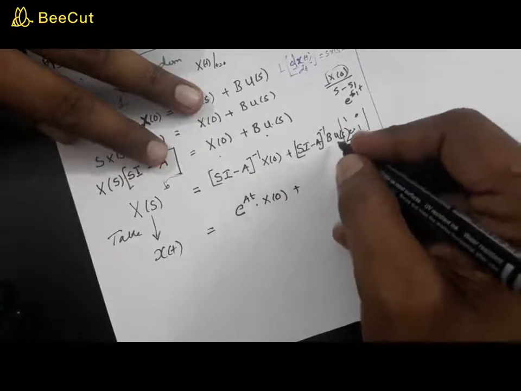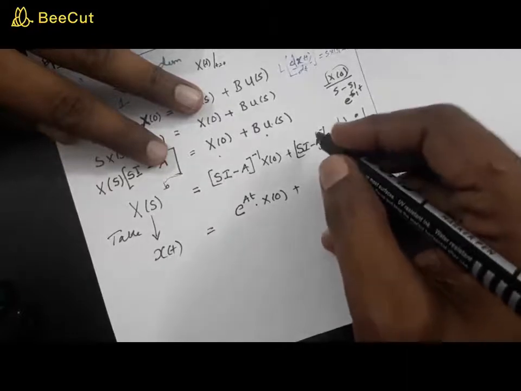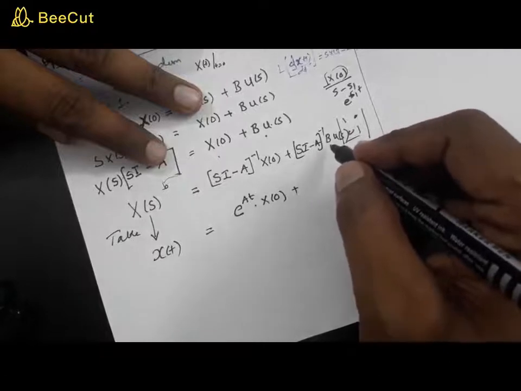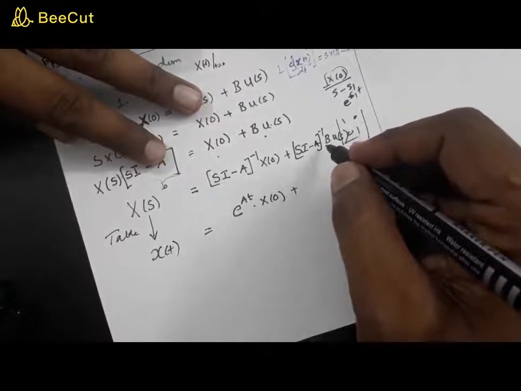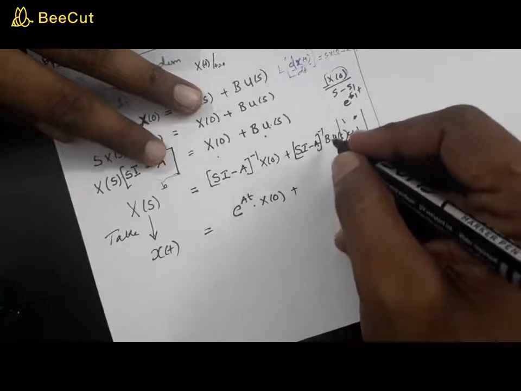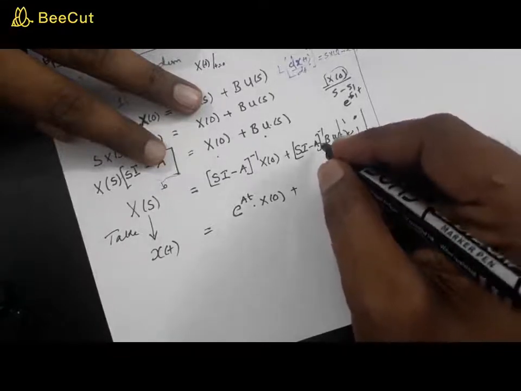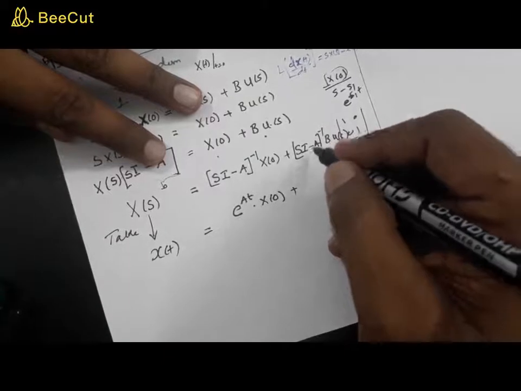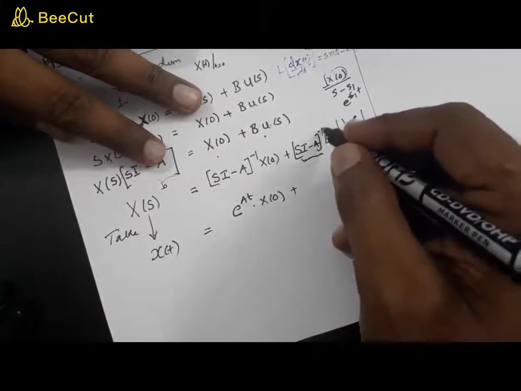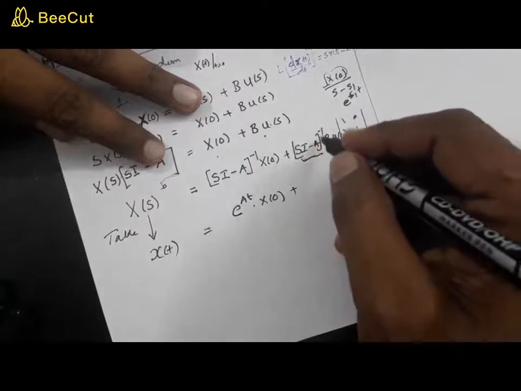plus, what about this? This is u of s by s minus a, or this can be written as b into, this is actually a Laplace transform.